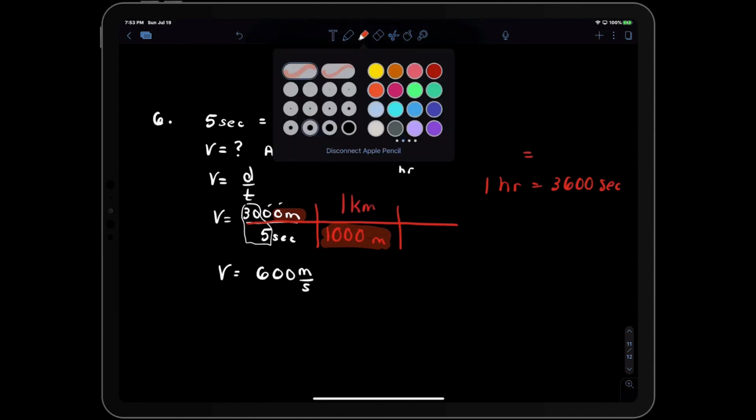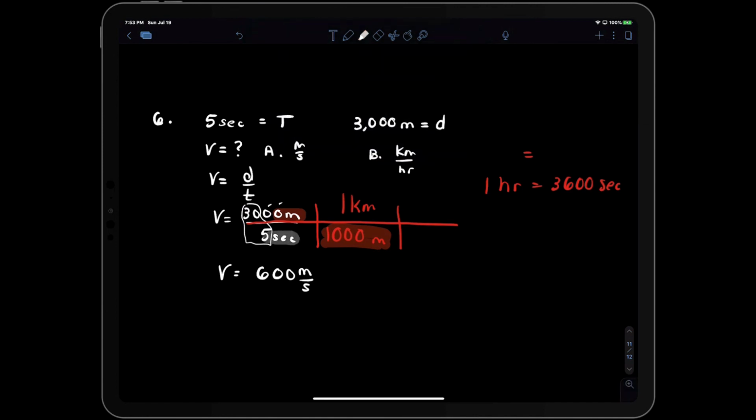If I want to get rid of the seconds, I find seconds in the conversion factor, and I'm going to cross cancel it. It goes in the numerator. The rest of my conversion factor goes in the denominator, like that. So we'll take your 600 times the 3,600 divided by 1,000 equals, we have a velocity here that's going to be 2,160 kilometers per hour.